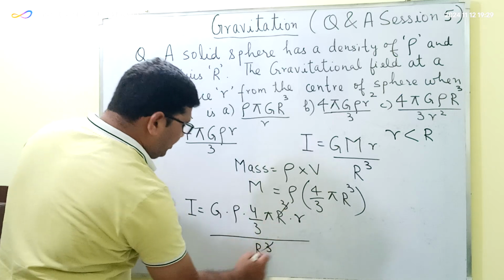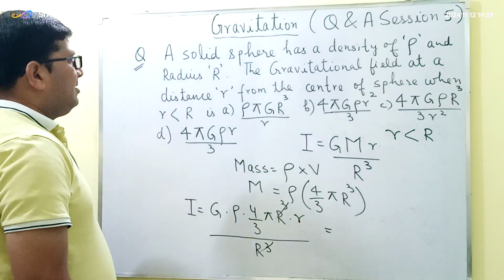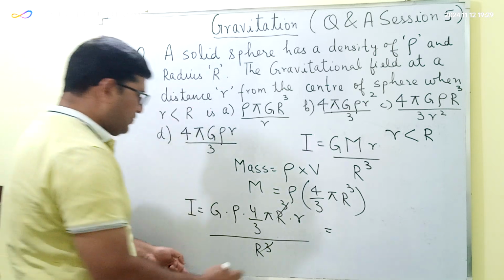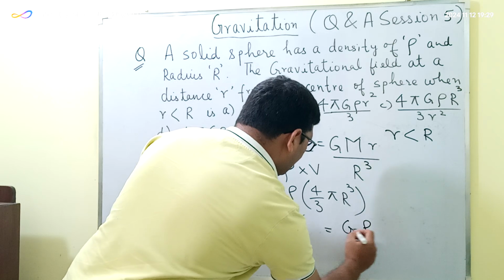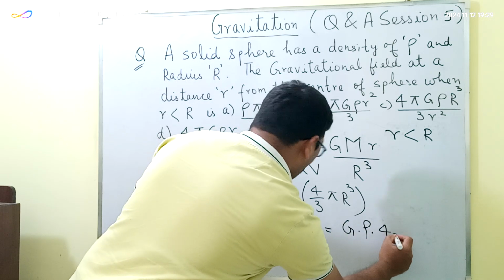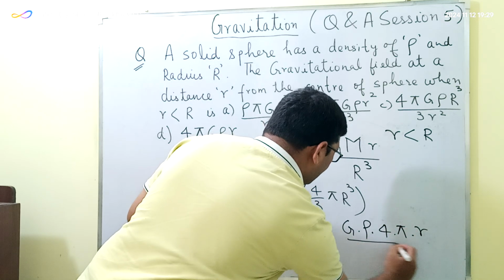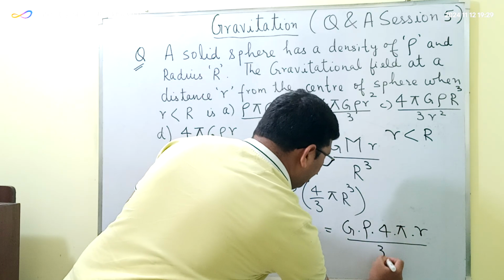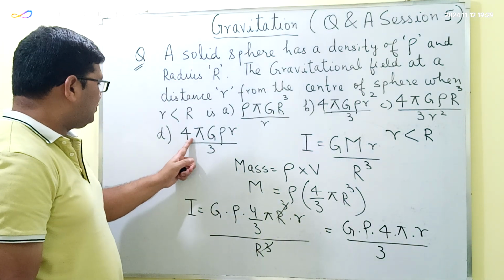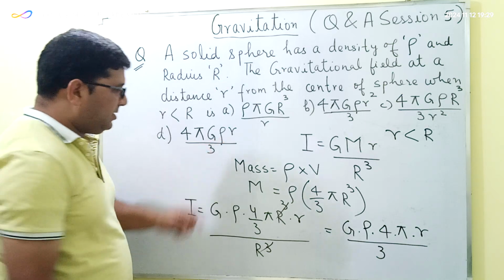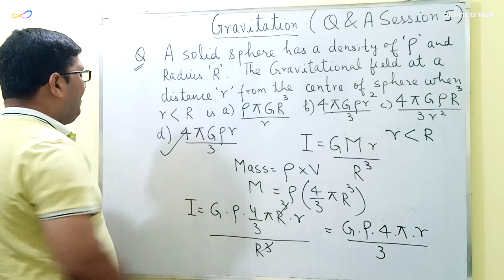So from here R cube and R cube will get cancelled out, and finally the gravitational field at the distance r from the center of the sphere will be equal to G rho into 4 pi r divided by 3. So the correct option here is the 4th one, that is 4 pi rho r G divided by 3. So the correct option here is D.